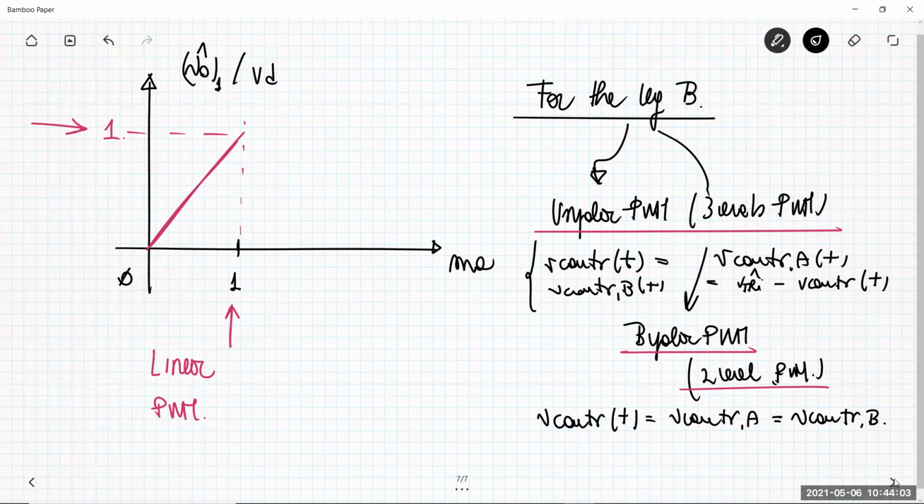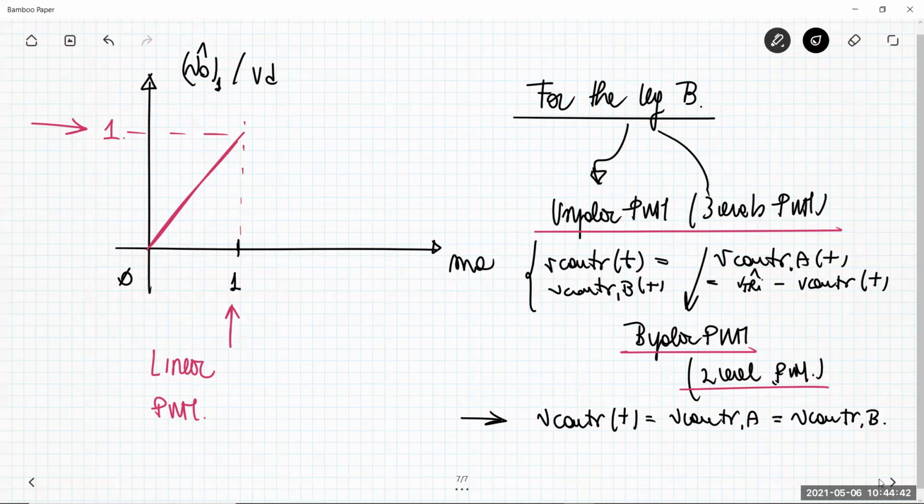Pay attention that now the rule by which I generate the switching function QB by comparing the control voltage and the triangular voltage is opposite to the one I follow for the leg A. This is the standard definition that we already know. So basically, we found the same conclusion that we already discussed for the DC to DC 4-quadrant full bridge or H bridge converter, for the inverter.